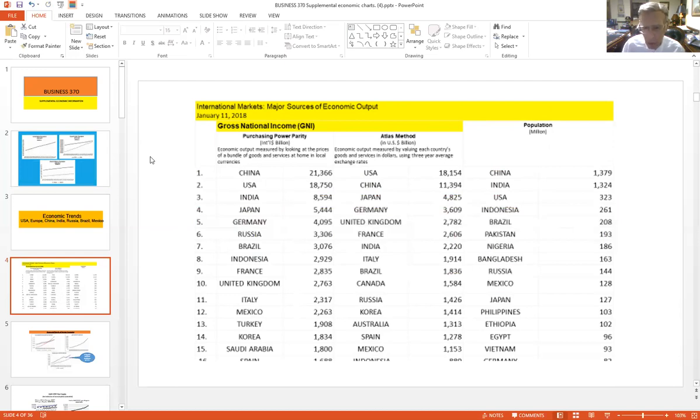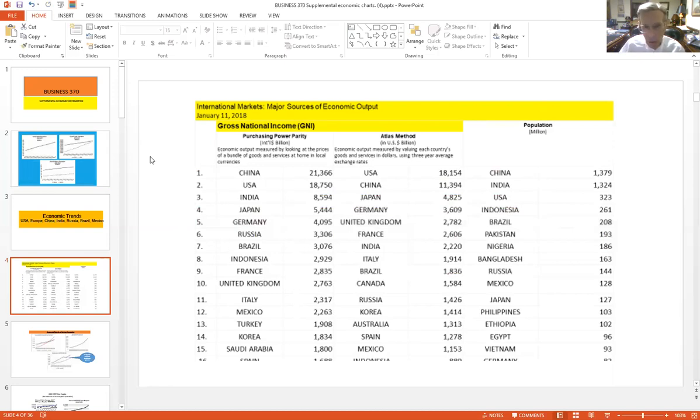On the left, we see the purchasing power of currency equated, and we use something called purchasing power parity to make the power of currencies in different countries more comparable.